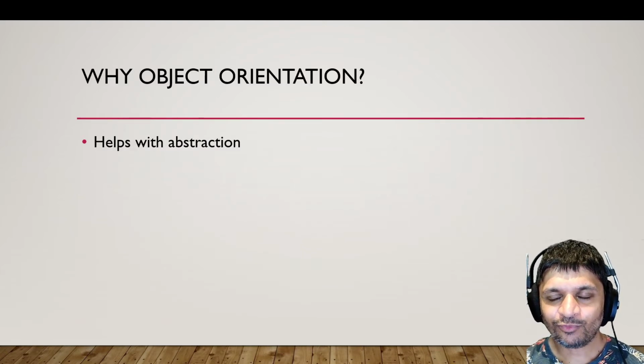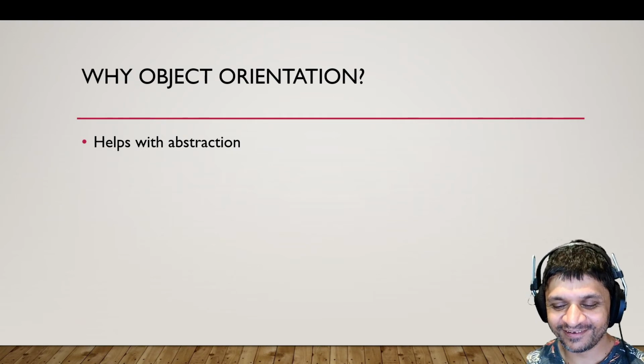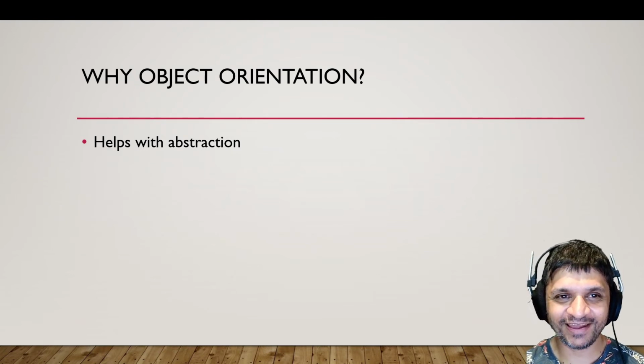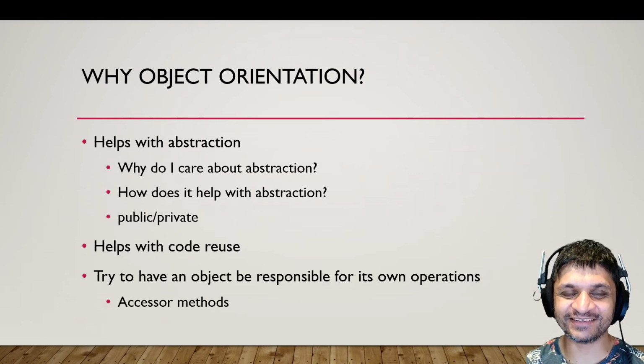But why do I have object orientation? Well, the main reason is it helps with abstraction. And you've probably all heard that before. You've heard it helps with abstraction. And you're probably going, well, that's not particularly useful. What does that mean? Why do I care about abstraction?